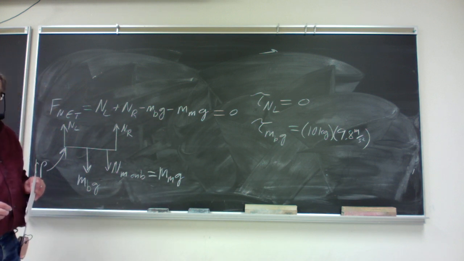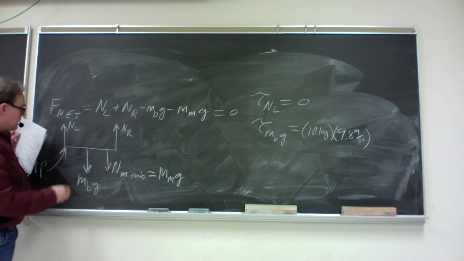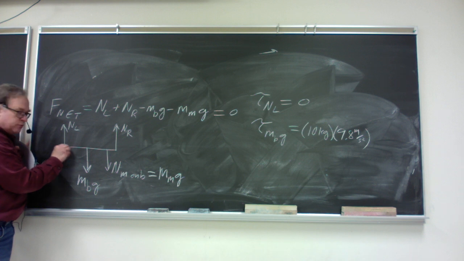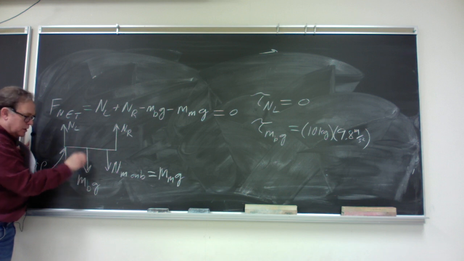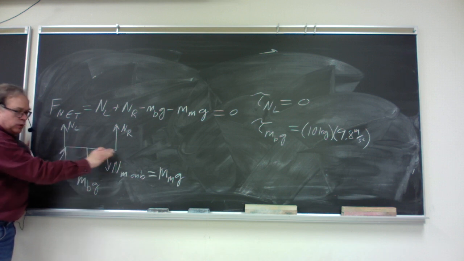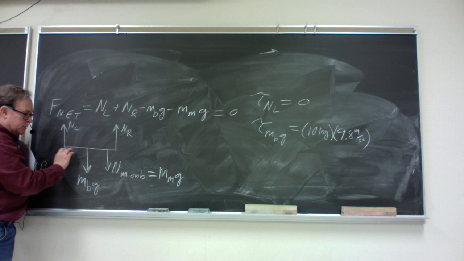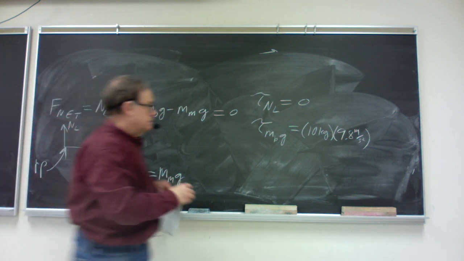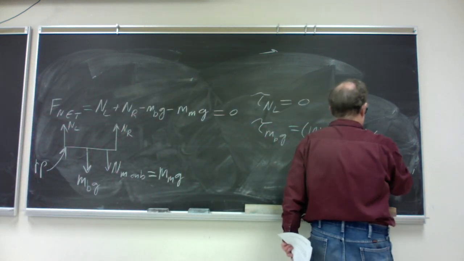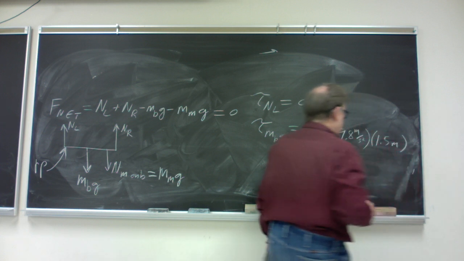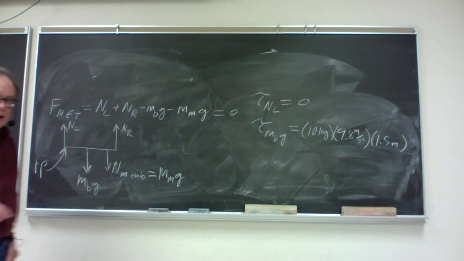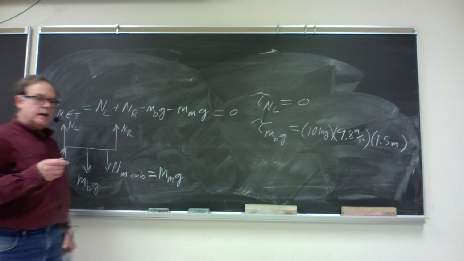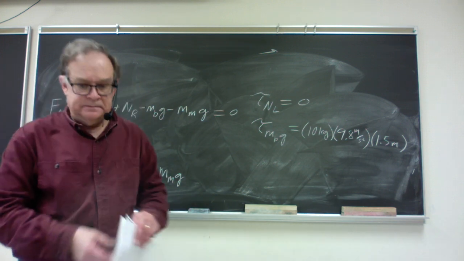Next factor is the magnitude of the displacement. Displacement takes you from the reference point to the point where the force is acting. This weight force pulls on the center of gravity, which is right in the middle of the board. The whole board is 3 meters long, so halfway along the board is 1.5 meters. And then the last factor is sine of the angle between displacement direction and force direction.